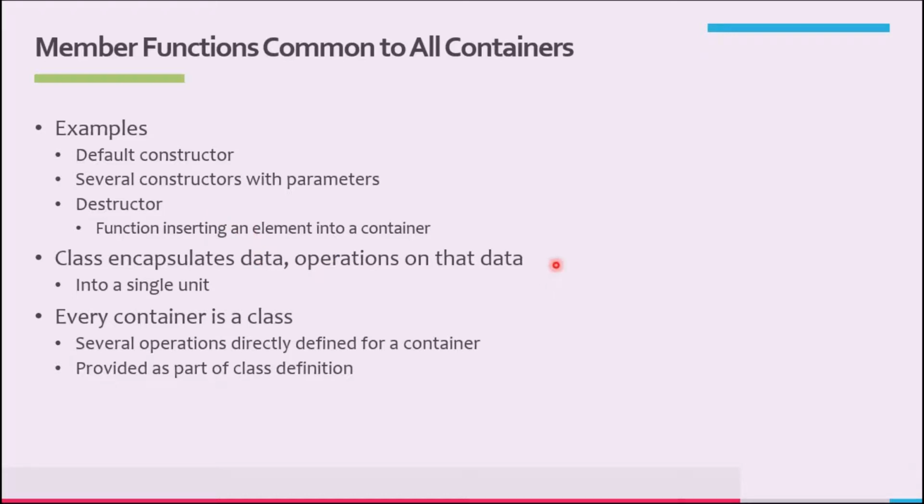Recall that a class encapsulates data and operations on that data into a single unit. Because every container is a class, several operations are directly defined for a container and are provided as part of the class definition. Also recall that the operations to manipulate the data are implemented with the help of functions that are called member functions of the class.